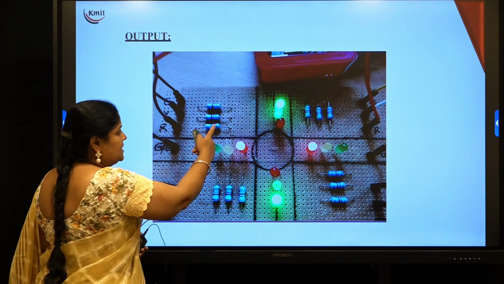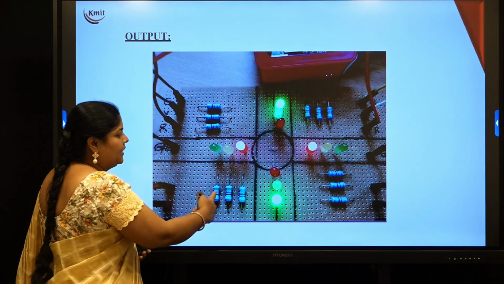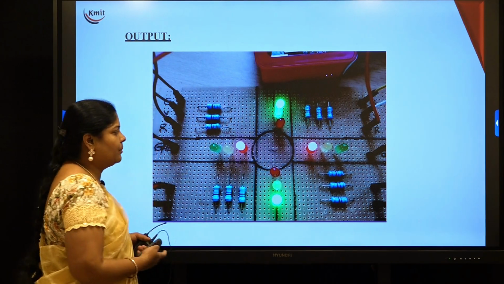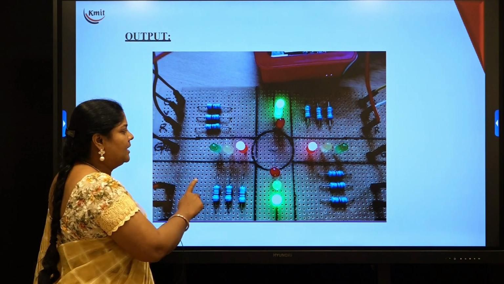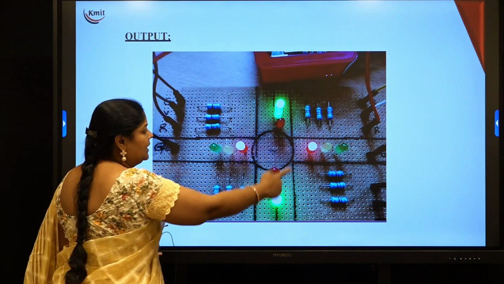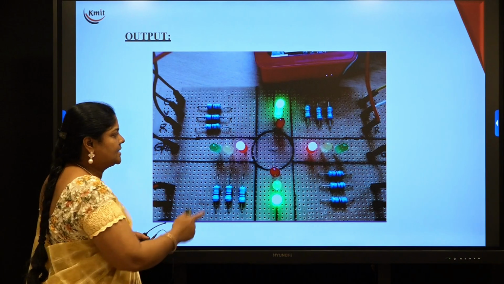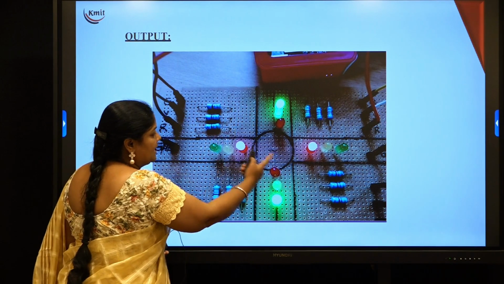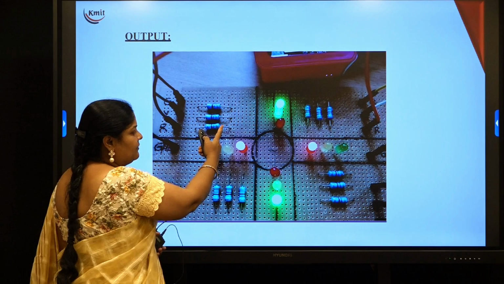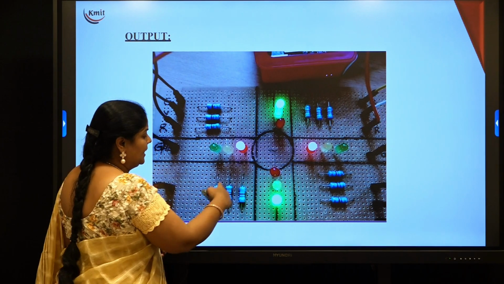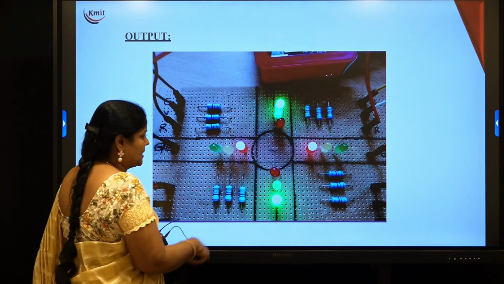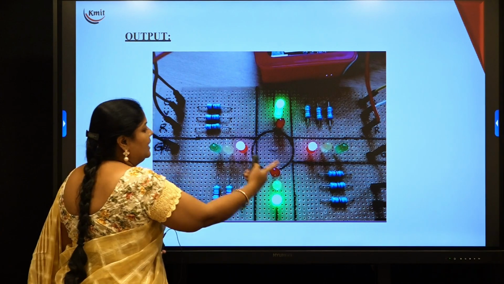So we are considering these as line 1, line 2, line 3 and line 4. How will the program work? First we say that all the LEDs are off. Next we consider the opposite lines: line 1 and line 3 are opposite, and line 2 and line 4 are opposite. First in the program we consider line 1 and line 3.